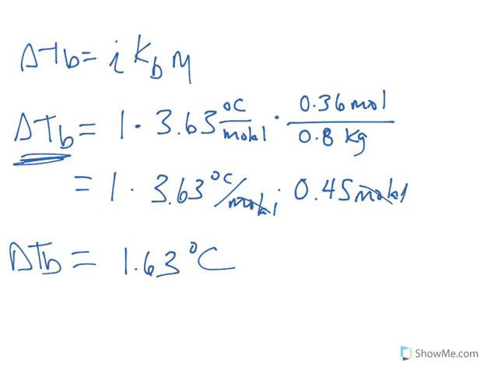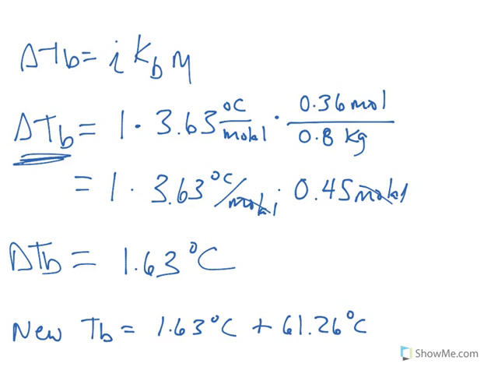So my new Tb is equal to 1.63 degrees C plus the original boiling point, which I can get from the table, was 61.26 degrees C. Adding those two numbers together, I get 62.9 degrees C. The most common mistake I see in these problems is people forgetting to add their boiling point elevation to the original boiling point temperature. So be sure to do that.